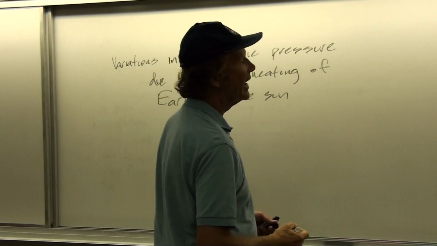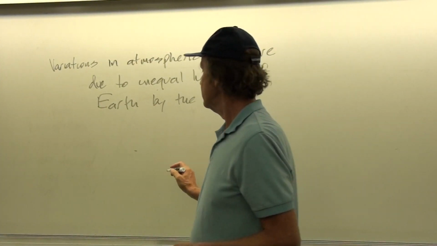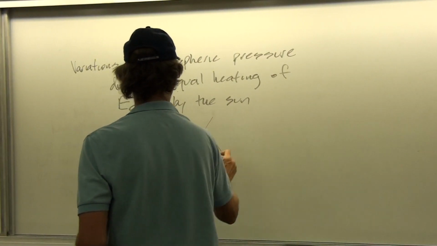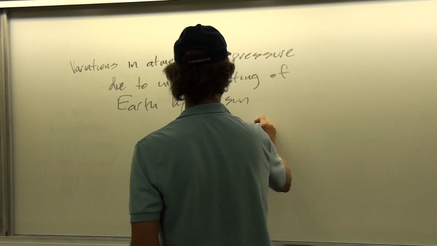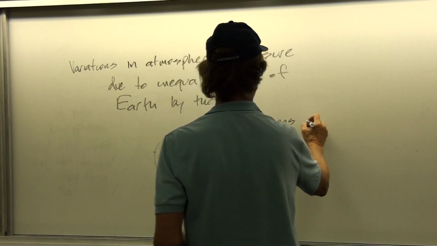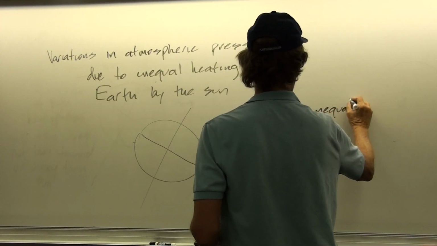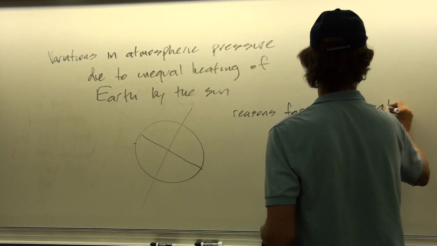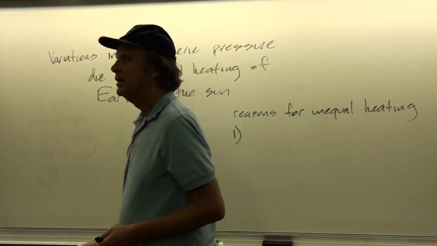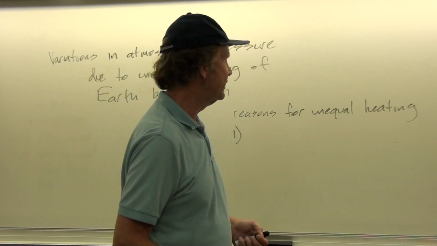Now, why would this happen? Why would the sun not heat up the Earth equally? Well, the reasons for this are actually many. One is that the sun is in a different position in the sky with each season.